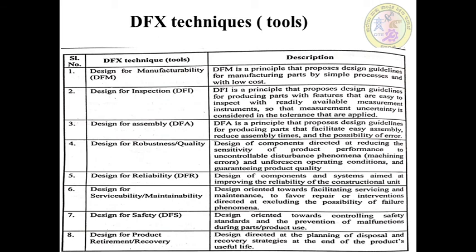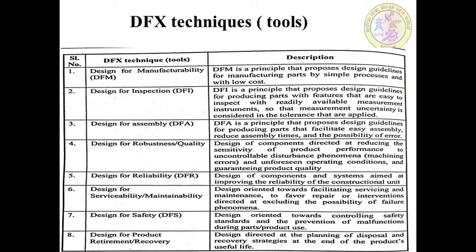This is design for robustness of quality. Design for reliability, DFR. Design of components and systems is aimed at improving the reliability of the constructional unit. This is DFR.